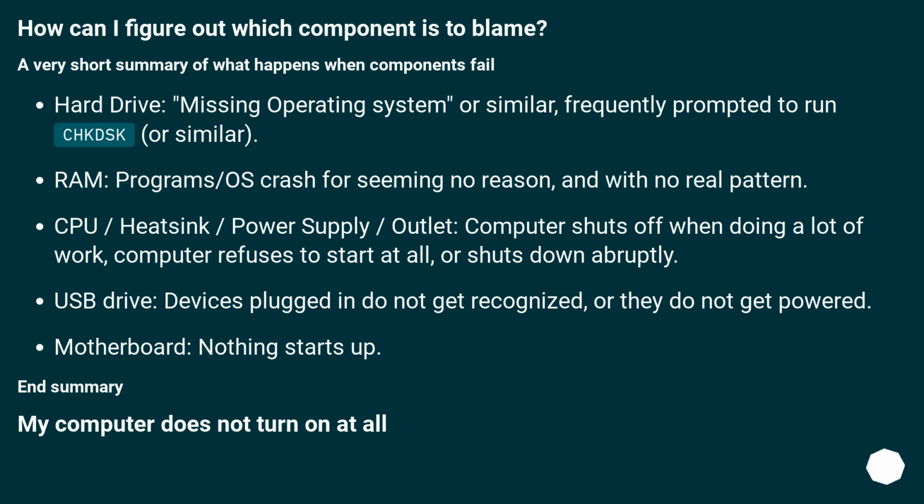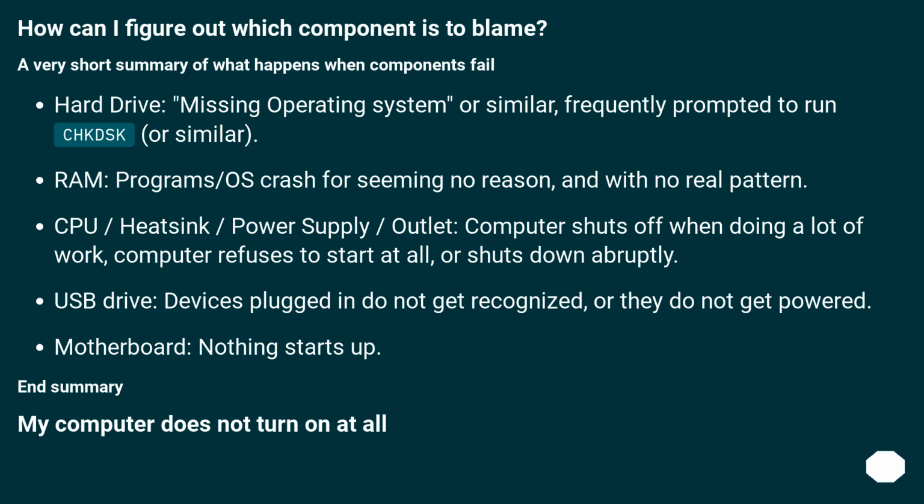CPU, heatsink, power supply, outlet: computer shuts off when doing a lot of work, refuses to start at all, or shuts down abruptly. USB drive: devices plugged in do not get recognized, or they do not get powered. Motherboard: nothing starts up. End summary.